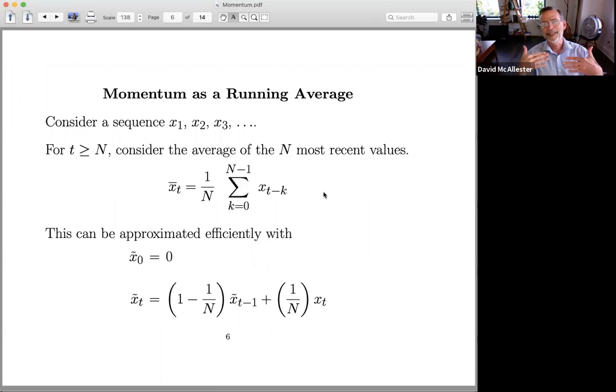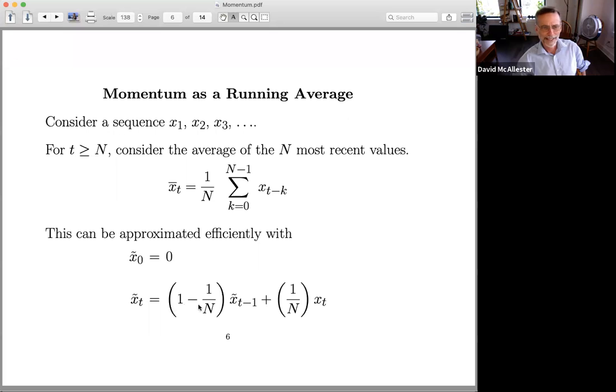That's a little complicated to compute because you have to remember all of those values such that you can take one out and put one in to get the next rolling value. There's a much more efficient way to get what is essentially the same thing. You initialize your rolling average to 0, and then you use this update.